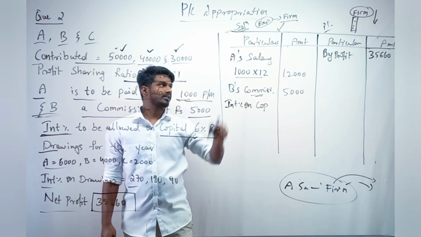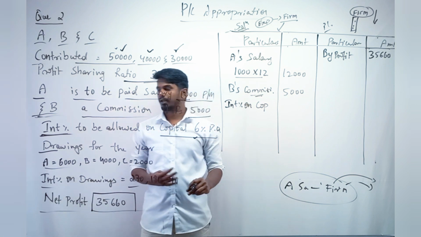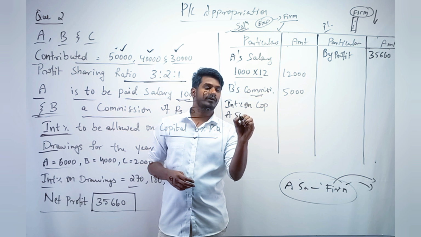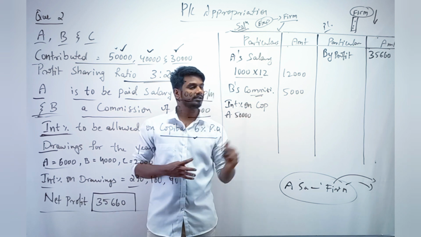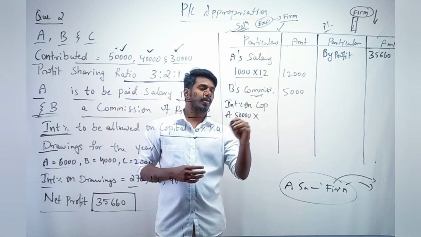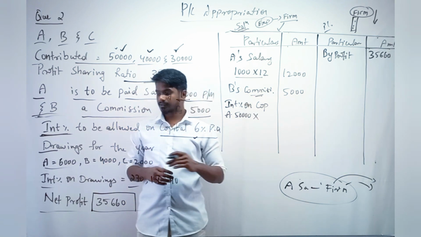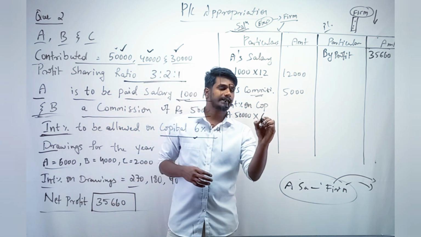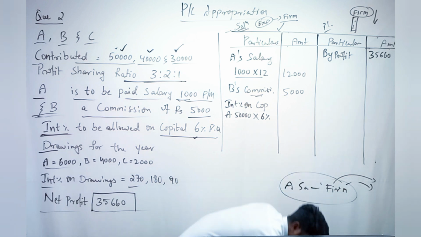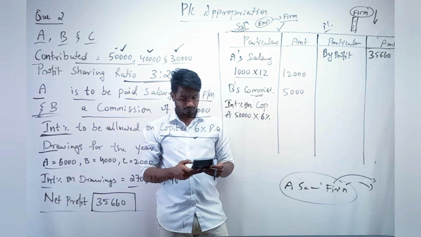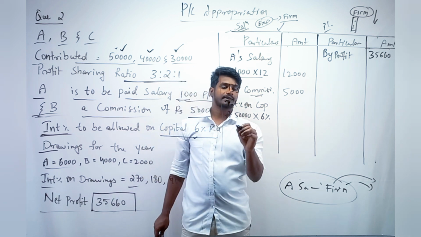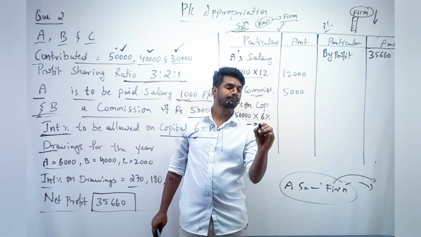For A it is 50,000 into 6%, which is 3,000.